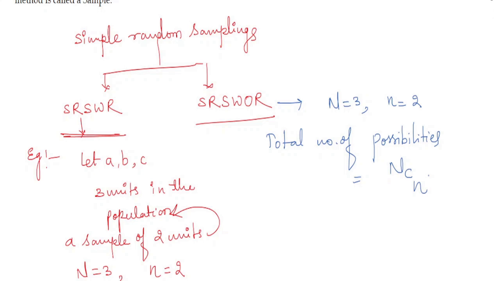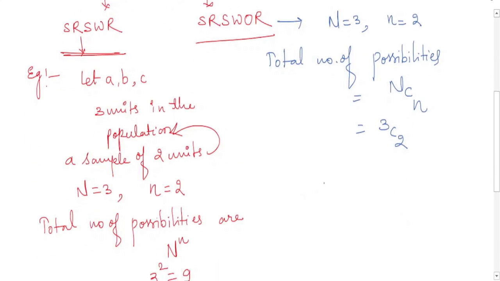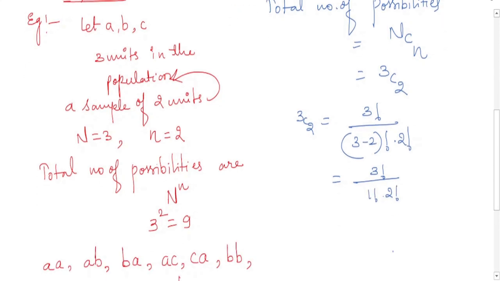So here it is 3C2, and we know the formula for combinations. 3C2 is equal to 3 factorial upon (3 minus 2) factorial multiplied by 2 factorial, which is equal to 3 factorial upon 1 factorial into 2 factorial. 1 factorial is always 1. So 3 factorial is 3 into 2 into 1 divided by 2 into 1. So here it is 3.